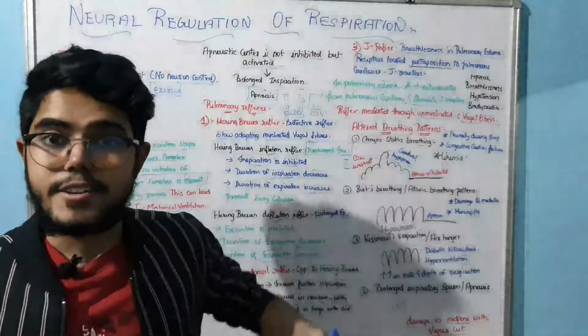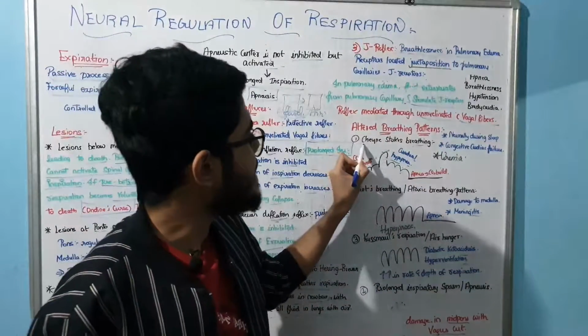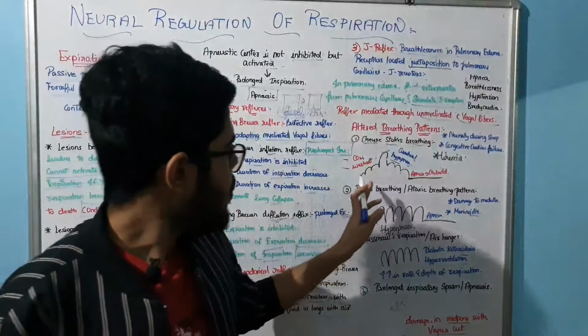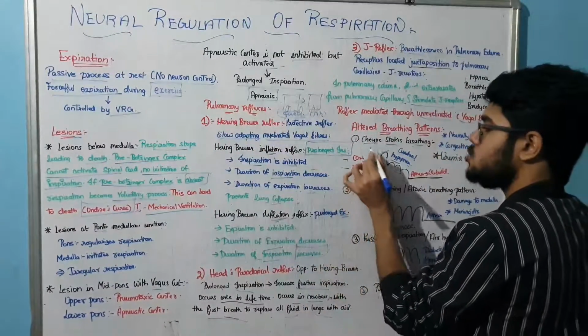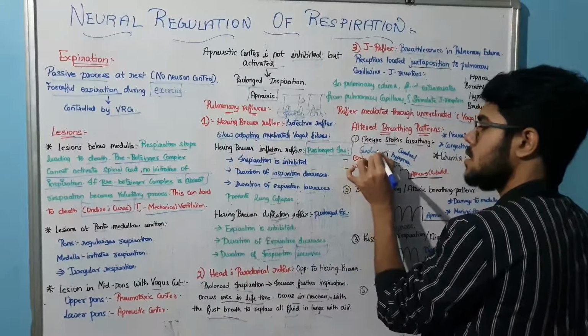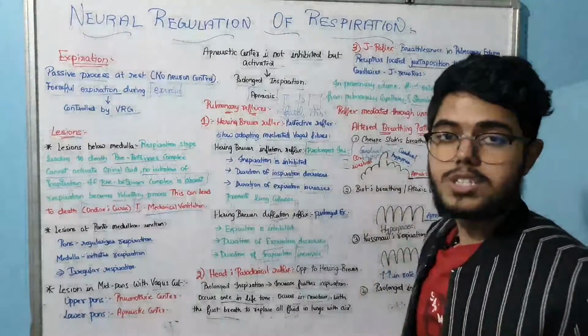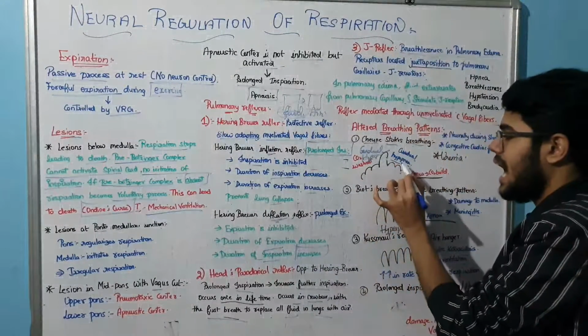Now we are having different breathing patterns. What are they? Very simple. Cheyne-Stokes breathing. Okay, listen carefully. There is gradual hyperpnea, where there will be carbon dioxide washout, followed by gradual hypopnea.